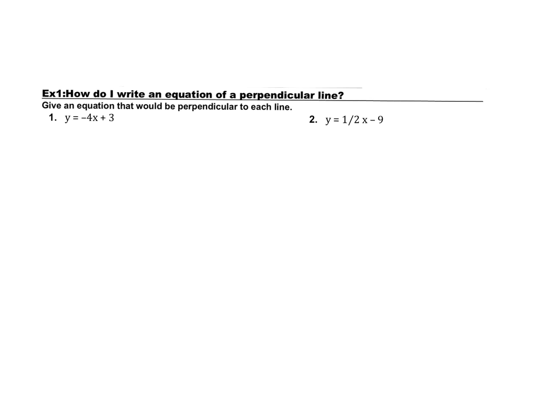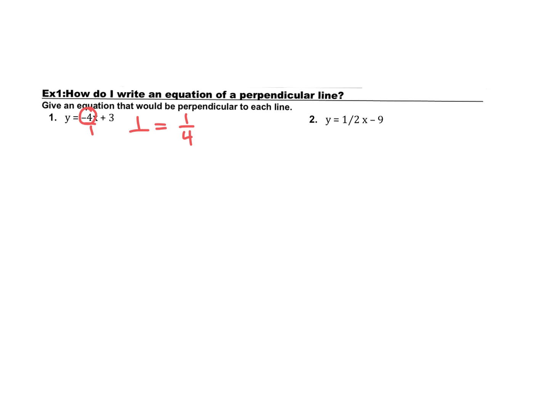All right, so the first thing we need to do then, it says give an equation that would be perpendicular to each line. So the slope of our line is negative 4. So a perpendicular slope would be the opposite of negative, which is positive. The reciprocal of 4 all over 1 is 1/4. So our perpendicular slope is going to be 1/4.